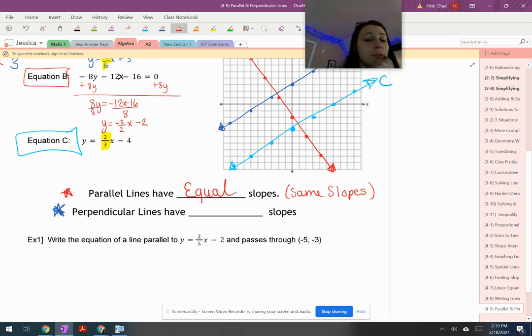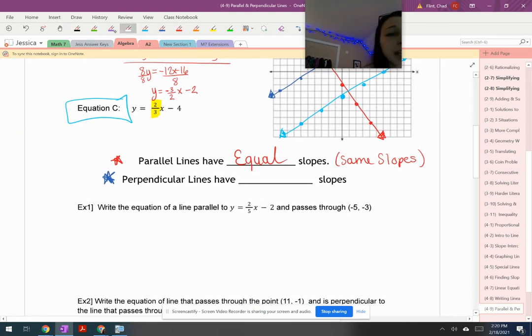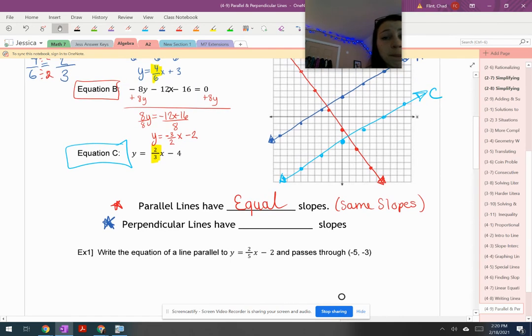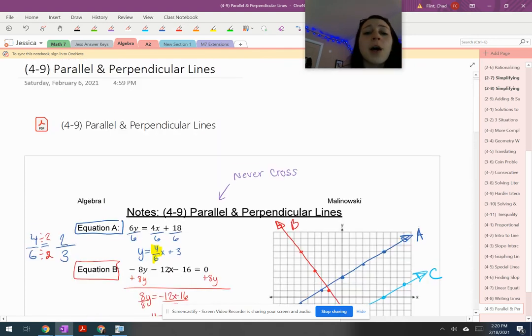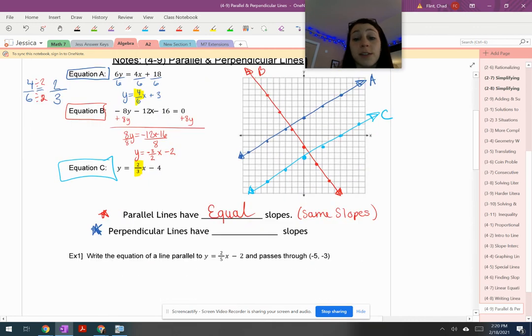Now, the relationship between our perpendicular lines is a little bit different. If we look at the slope of our perpendicular lines, which are naturally either the dark blue or light blue, and the red, reminding ourselves that perpendicular lines form a 90-degree angle. Not really a super important fact for this kind of lesson. You're more focused on these slope pieces.